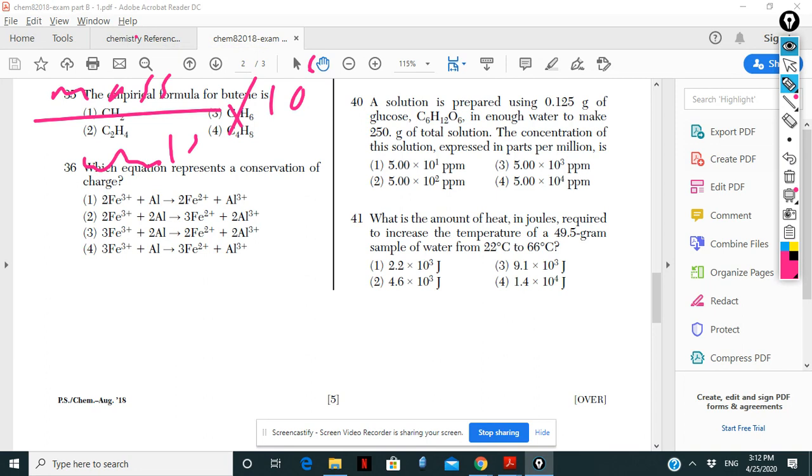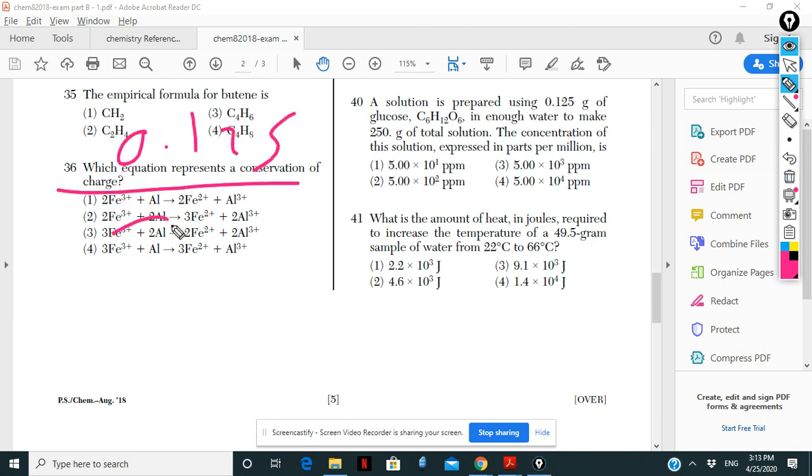So now the mass is 125 times 10 to the power negative 3, or in another way you can write it as 0.125 divided by the total solution, 250, times a million.